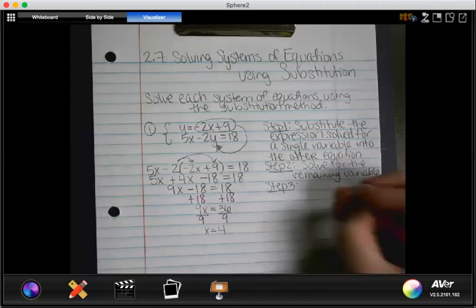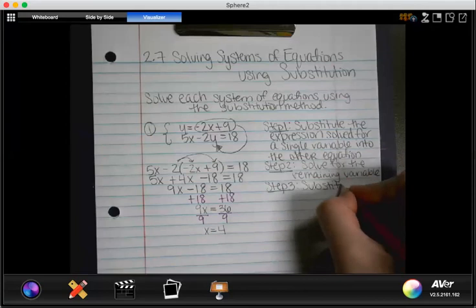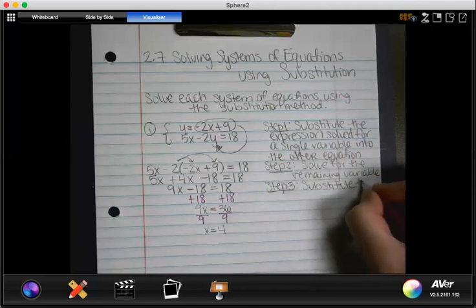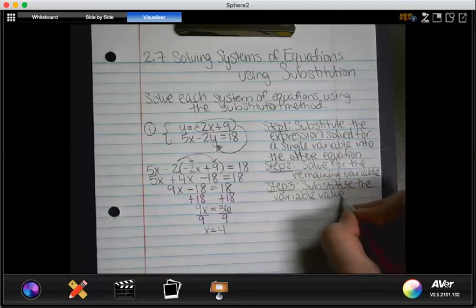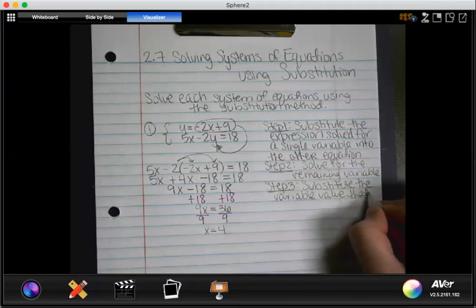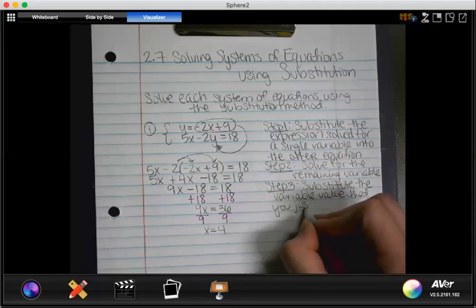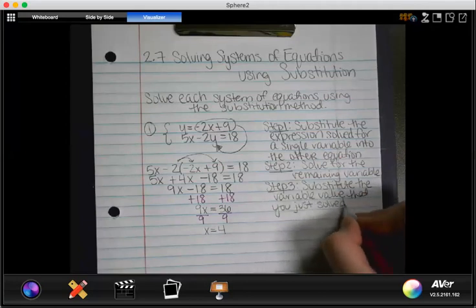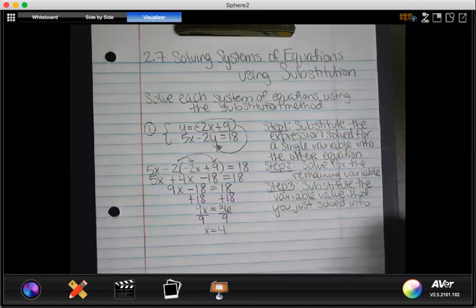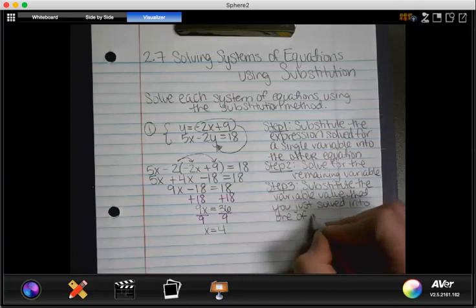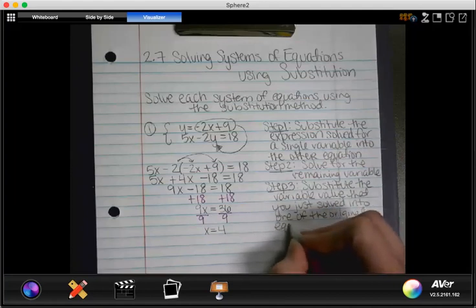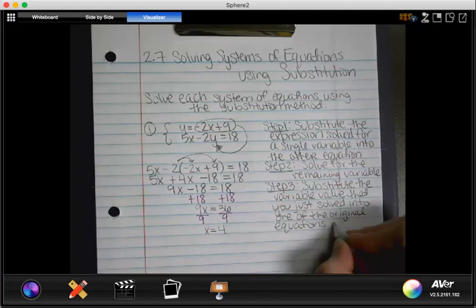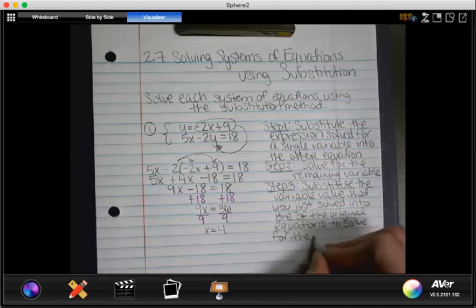Step 3, we are going to substitute the variable value that you just solved into one of the original equations to solve for the unknown variable.